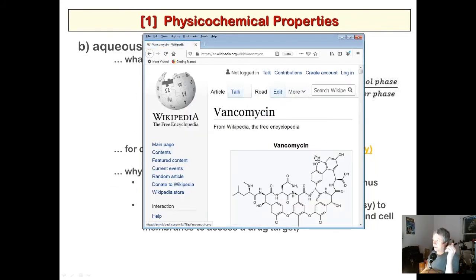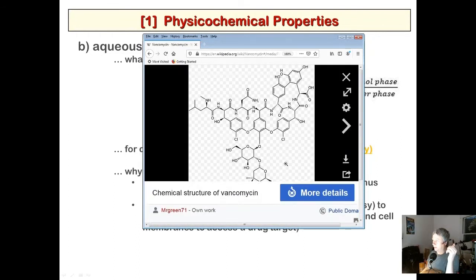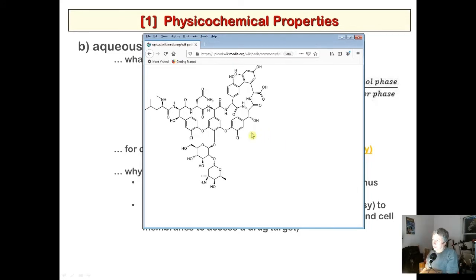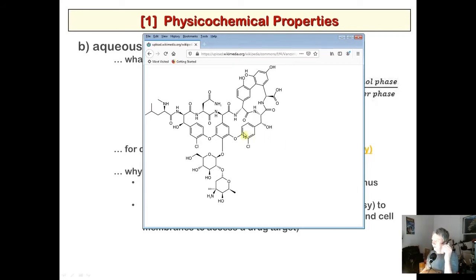It's one of the last line antibiotics. I mean, if you have the worst bacterial infection in the world, like a Staphylococcus or a MRSA, methicillin-resistant Staphylococcus aureus, a pretty serious bacterial infection, this would be one of your last line antibiotics.